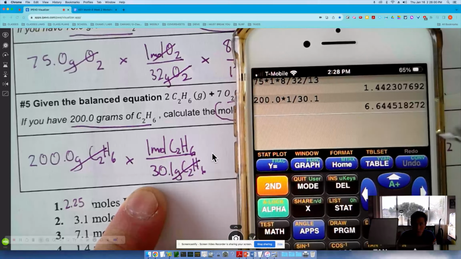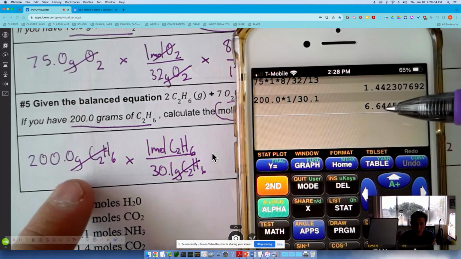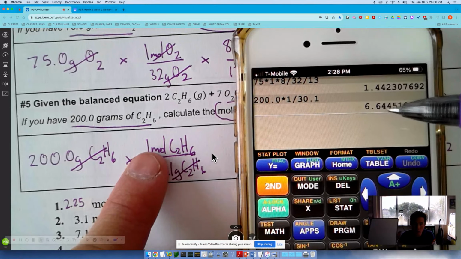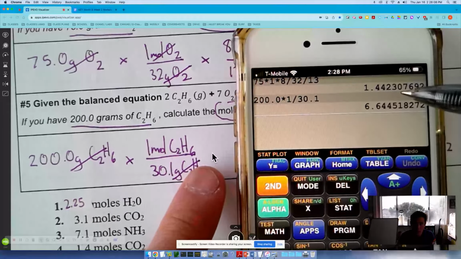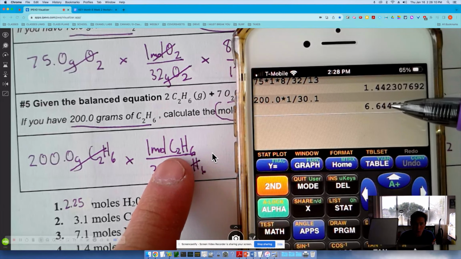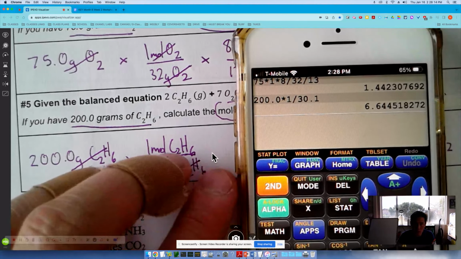That's 6.64. What does that mean? That means if I did this multiplication out and I only have these units left, that's how many moles of C2H6 I have, 6.6. But that's not the final answer.